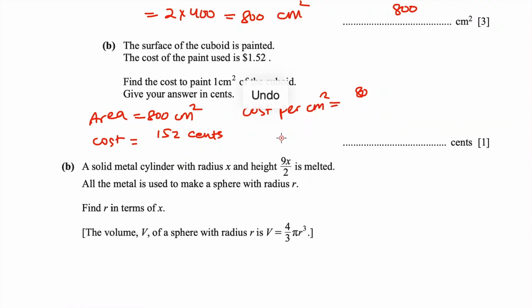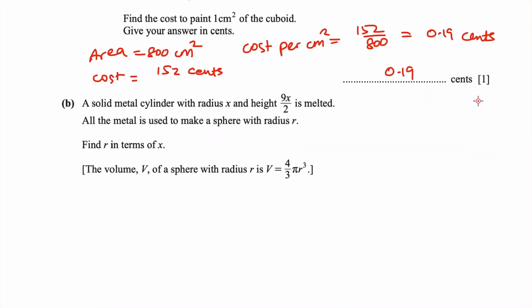Cost per centimeter square is the total cost divided by the area, which is equal to 0.19, because if 8 goes in 152 19 times, so 19 by 100, 0.19, and so the cost per area is 0.19 cents. This completes part A.